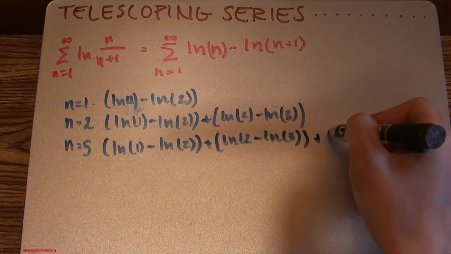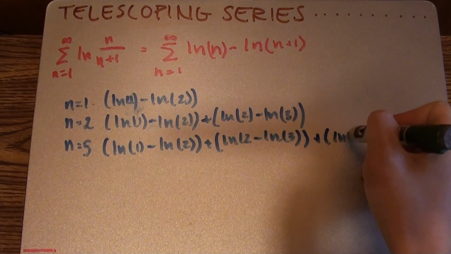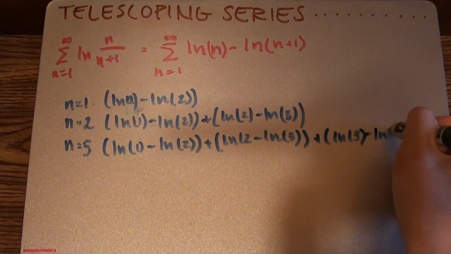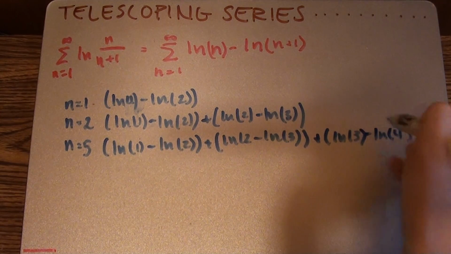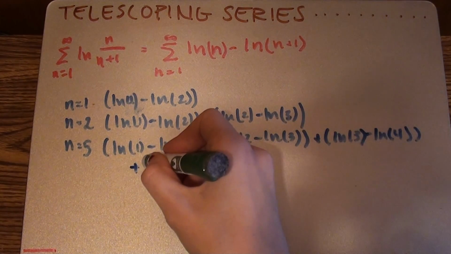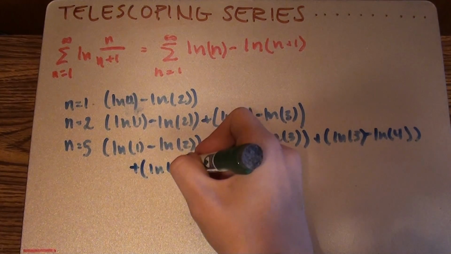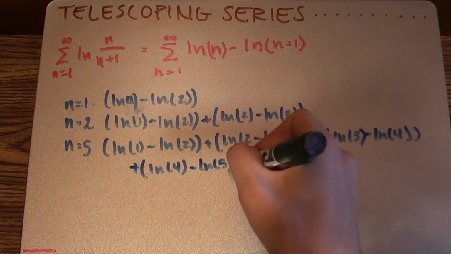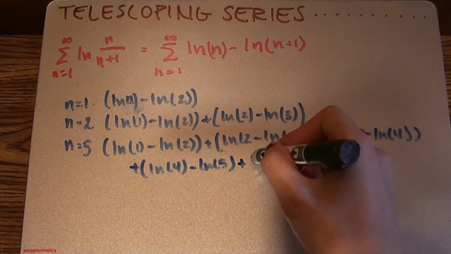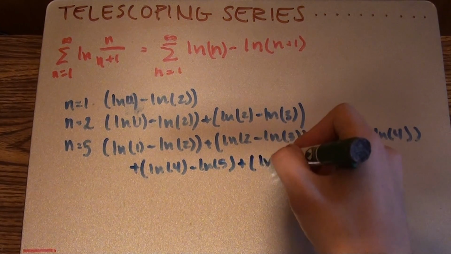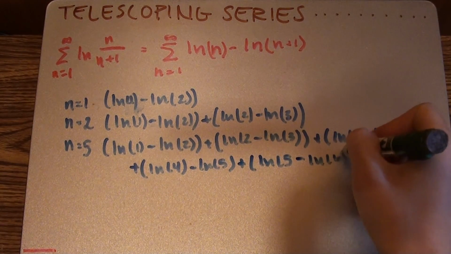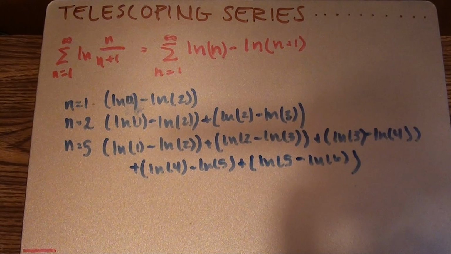When n equals 3, we add on the natural log of 3 minus the natural log of 4. When n equals 4, we have the natural log of 4 minus the natural log of 5. And finally, when n equals 5, we have the natural log of 5 minus the natural log of 6. These are all the terms we have.